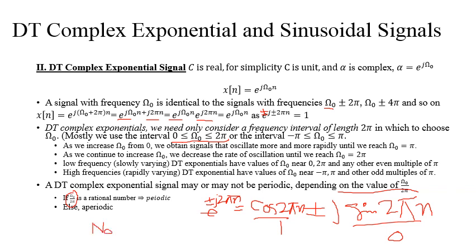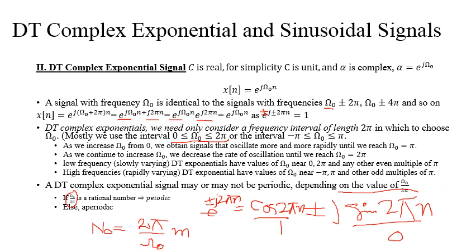Okay, let's denote the frequency by omega naught. So this will be equal to 2 pi divided by omega naught, which is the frequency of the discrete time signal, times m, which is an integer, right?